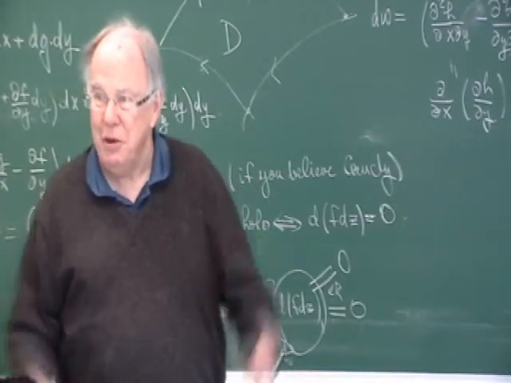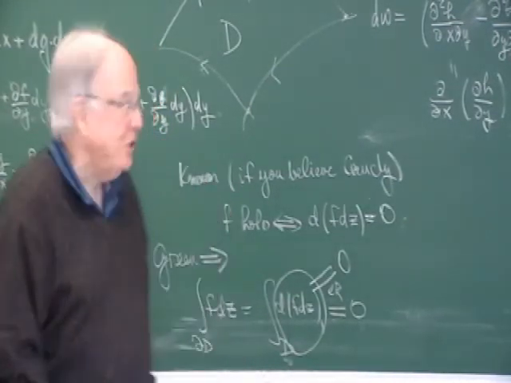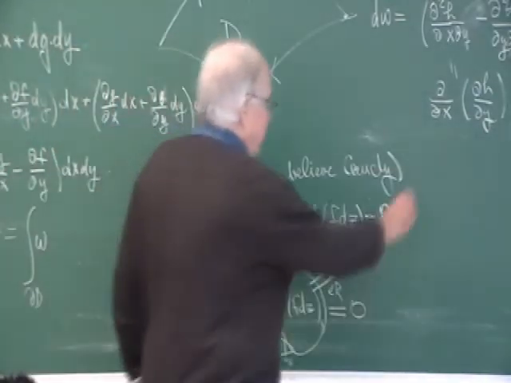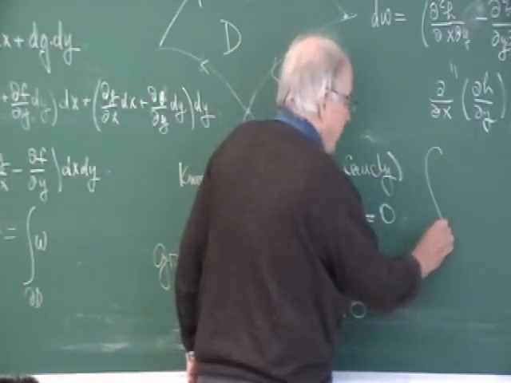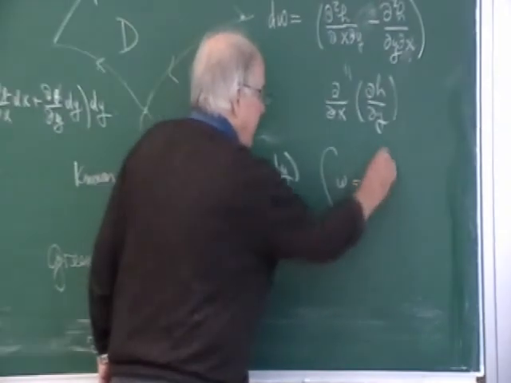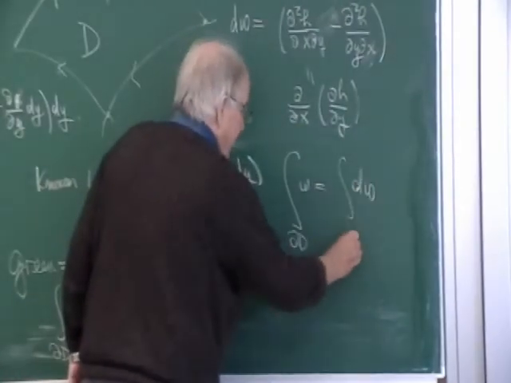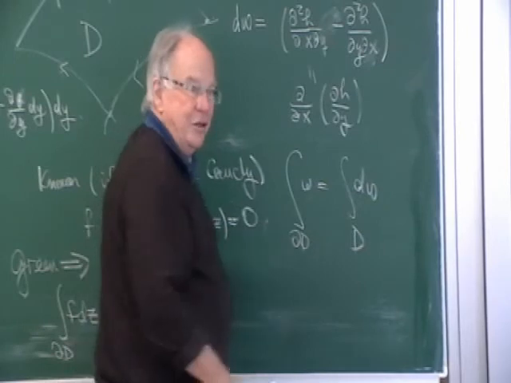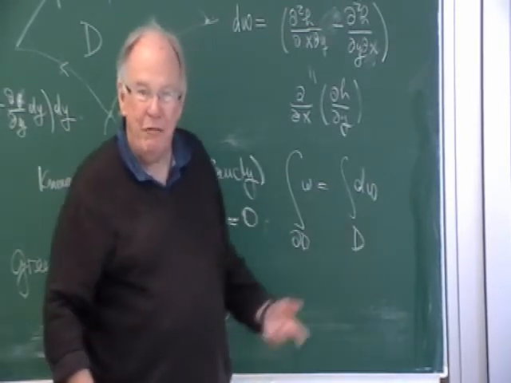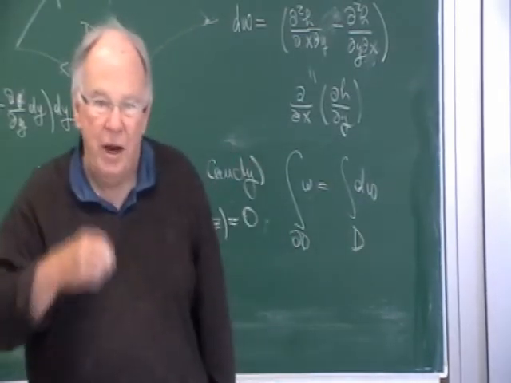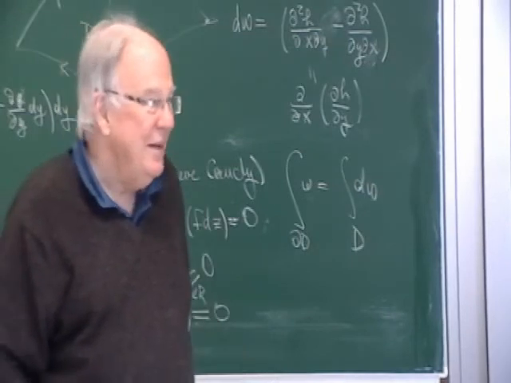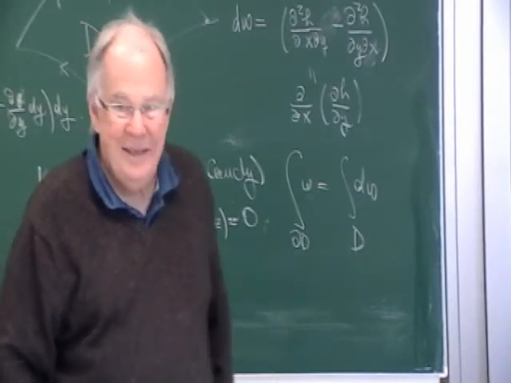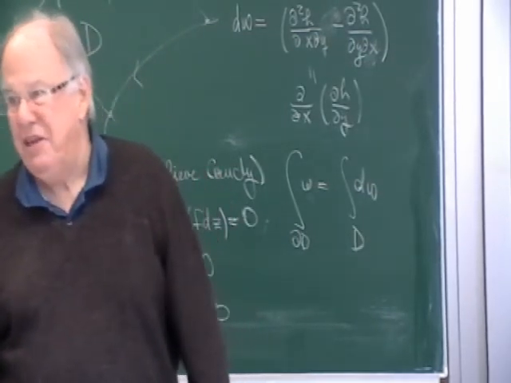You need smoothness. For Stokes' theorem, the integral around the boundary of omega is the integral of d omega over the inside. You need smoothness here. You can't just take the differential and go home and drink a cognac. You need smoothness, and you don't have it.